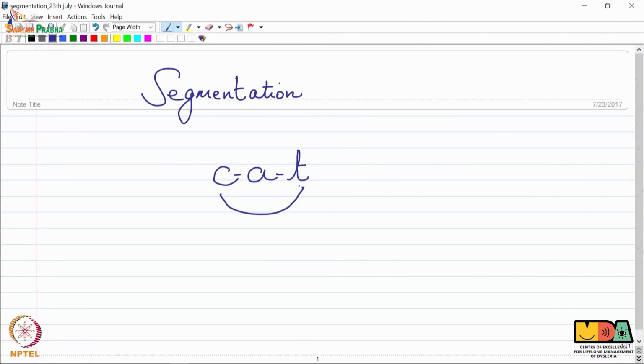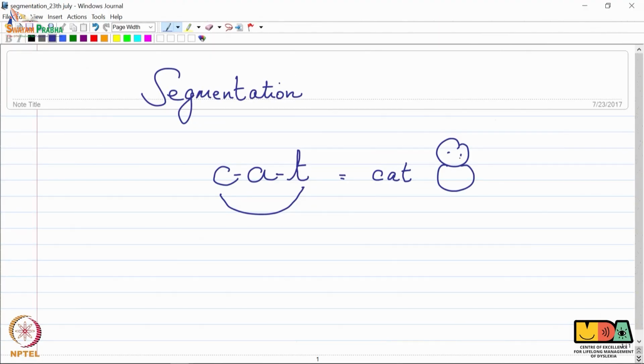That is, getting the 3 sounds together to say cat. It would be nice if we could also draw a picture of a cat to make the child understand that we are talking about the cat and the child can relate to the meaning.